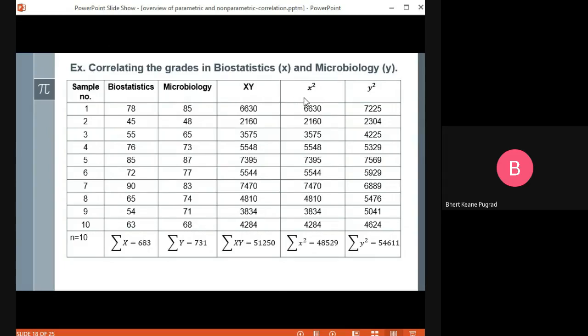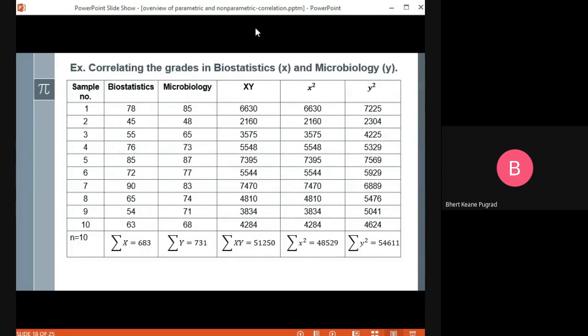How about the fifth column? In the fifth column, we are going to square the value of x. So 78 square. Using your calculator, you could easily compute for the x square. So 6,084. 45 square is 2,025.